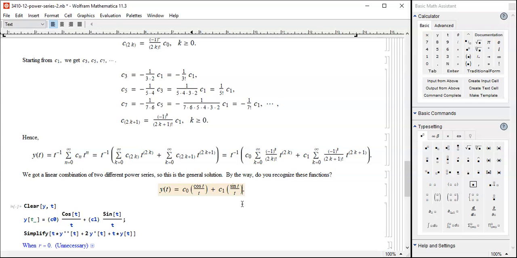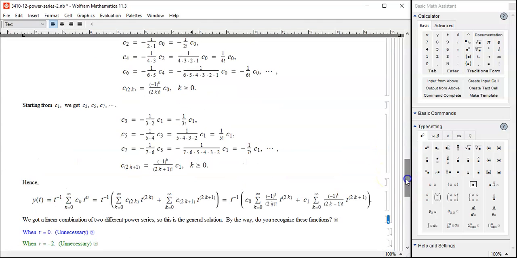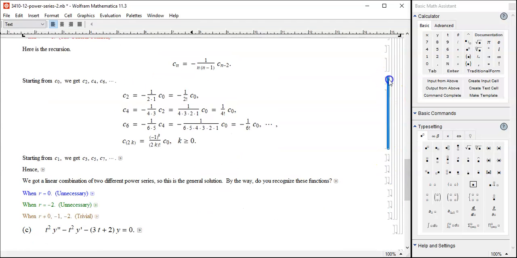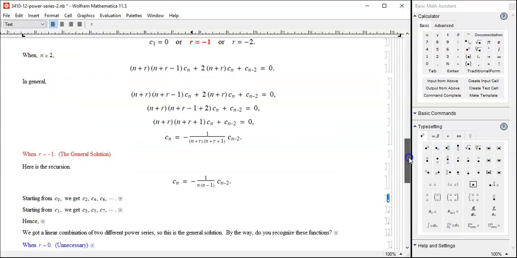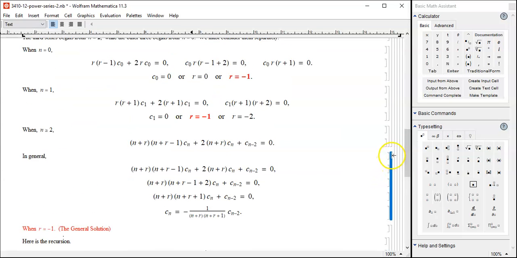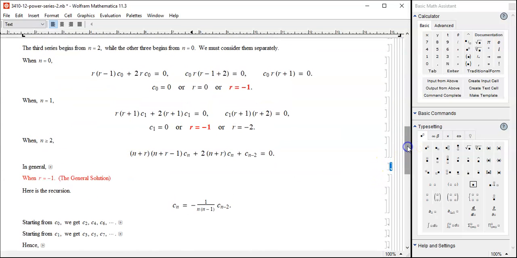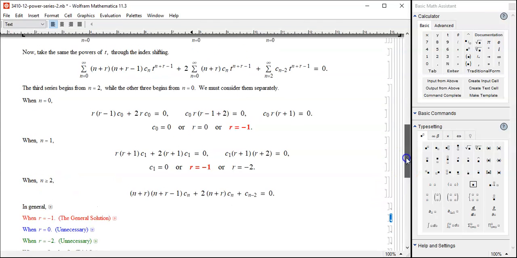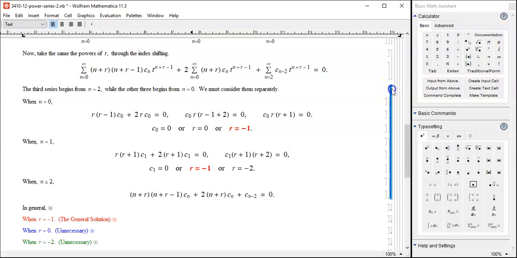And I put those together, turns out to be cosine of t over t plus sine of t over t, like that. Again, this is one of the rare simple cases where you can actually find the pattern. Most of the time, you don't see the pattern. You just write several numbers and put dots, and that's about it.